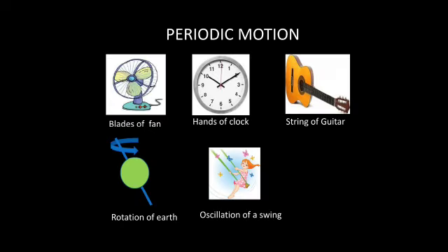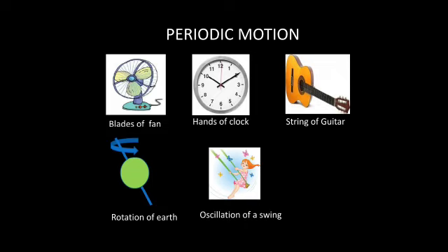See some of the pictures over here. Look at the blades of the fan, then hands of the clock, string of guitar, then rotation of earth, oscillation of swings, right?